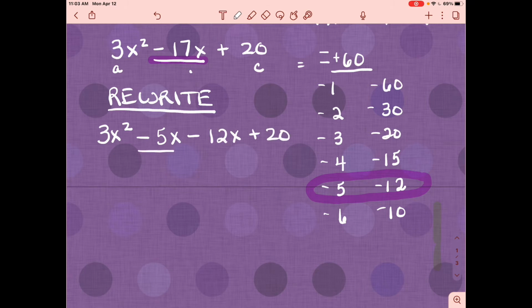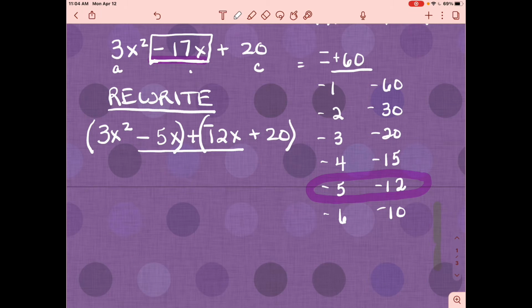Notice that this part is just a rewriting of the negative 17x into two parts so that I can factor by grouping. So I'm going to throw on some parentheses. I don't really like to leave a minus between, so I'm going to go plus a negative here. That's fine like that, and I want that negative included inside the parentheses so that I can show you how to make this come out right.